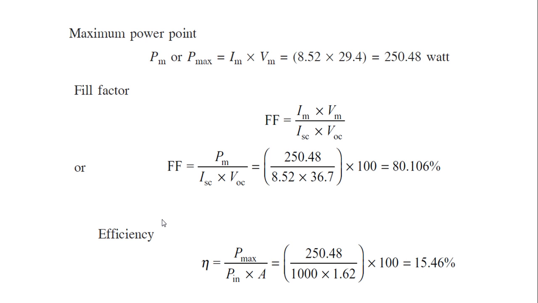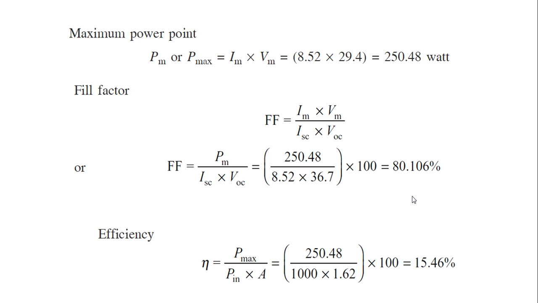Talking about the efficiency of the module, the efficiency equals output upon input, but over here the input power also depends upon the area. So P in is 1000 multiplied by the area 1.62, and P max is given as 250.48.